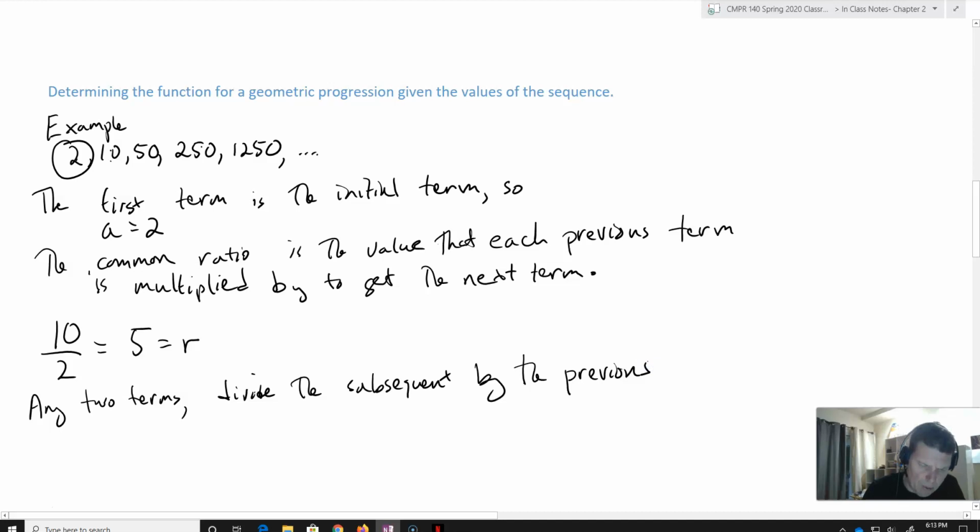So for example, we'd see something like 50 divided by 10, which equals 5. You can choose any one of the terms, and it'll give you the same exact value.